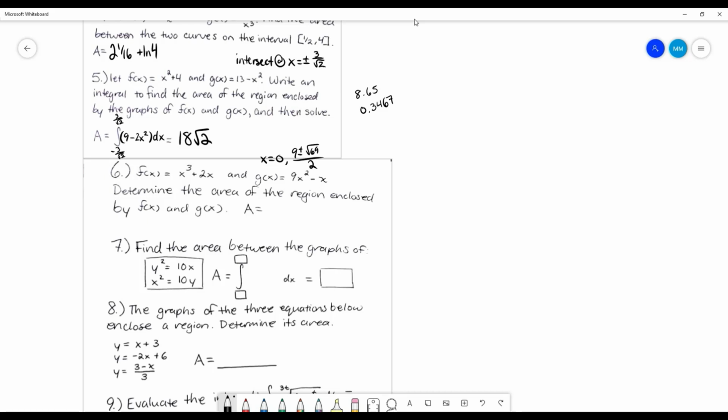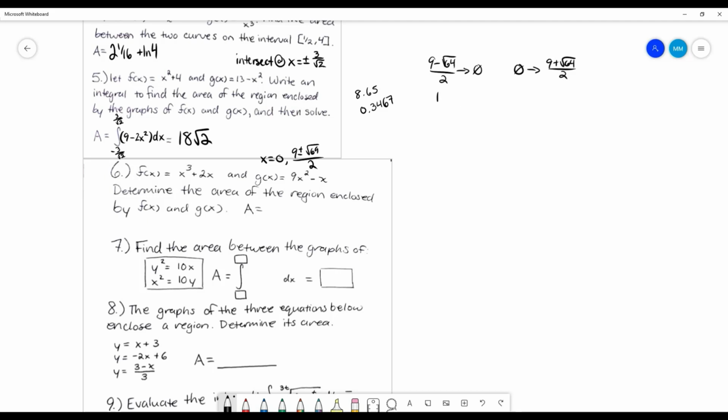Going from there, I want the regions enclosed between this point and this point, and then the region enclosed between this point and, oops, I just wrote that wrong, and this point. So in both of those cases, we need to figure out which function is on top and which one is on the bottom. I just erased half of that, didn't I? There we go.